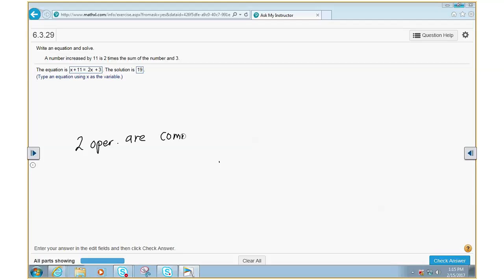Why are they commutative? 2 plus 3 is equal to what? 3 plus 2. And 2 times 3 is equal to what? So with multiplication and addition, do you have to remember the order that much? No. Write that down. With addition and multiplication, you don't have to worry about what order you put it in.